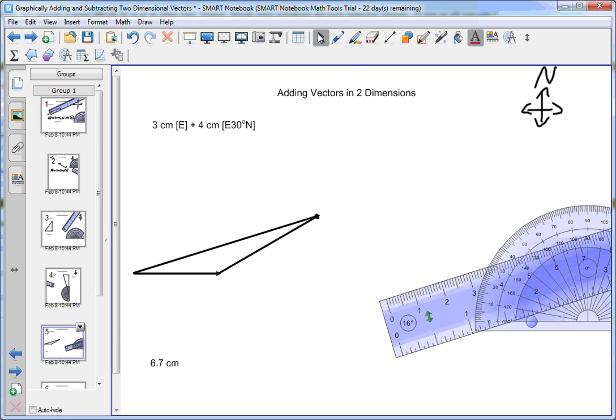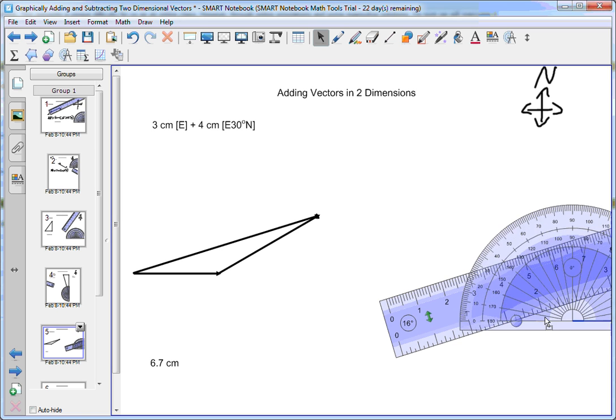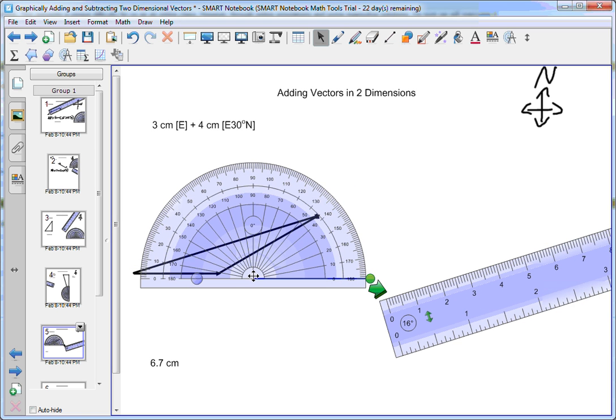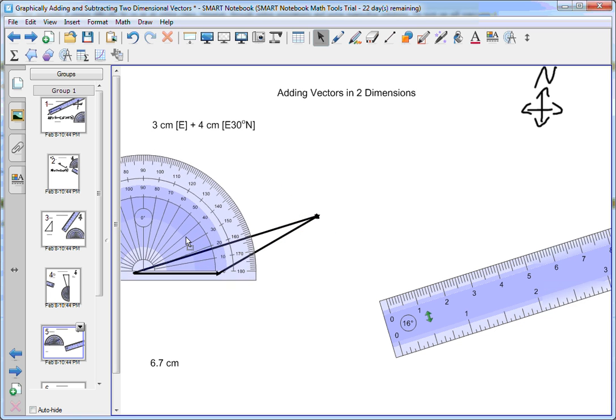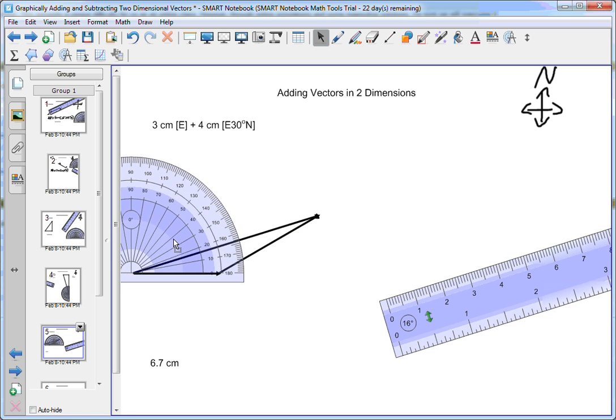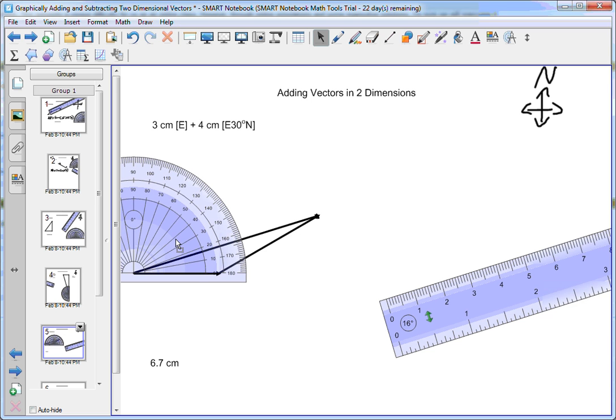And grab a protractor. Line it up. And measure that the resultant vector is east 17 degrees north.